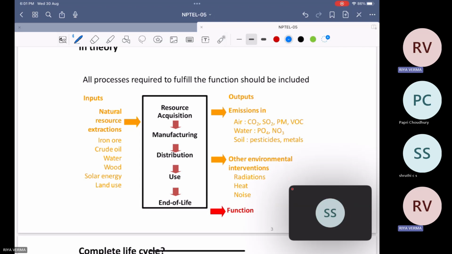Then we have emissions in the water, that is phosphates and nitrates. Then also some pesticides and metals can be discharged into the soil. And after that, other environmental interventions also occur due to the mining activities. These include your radiations, heat, and noise.